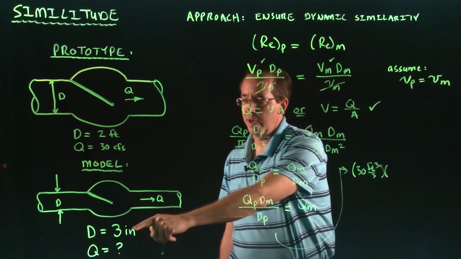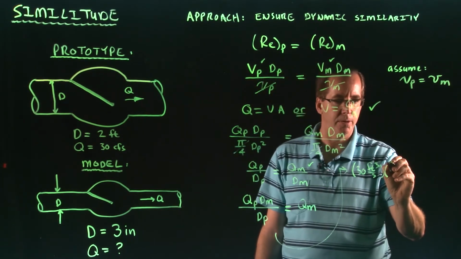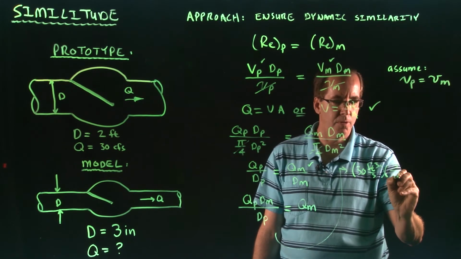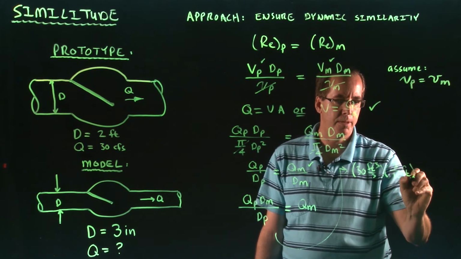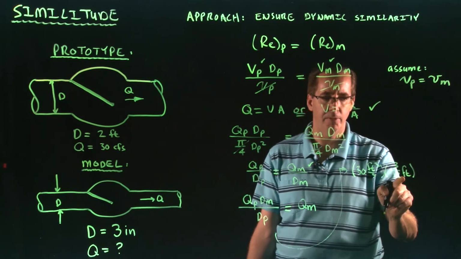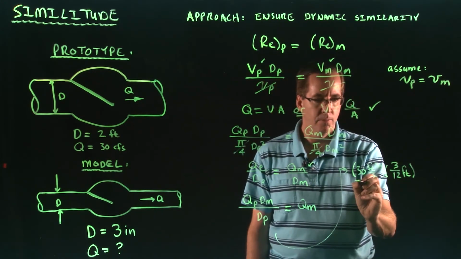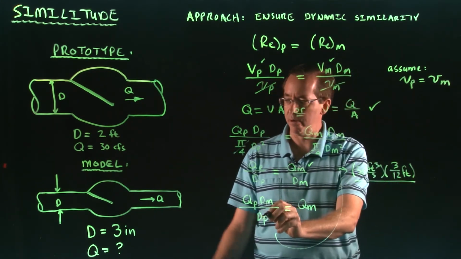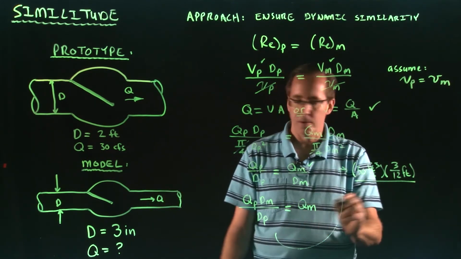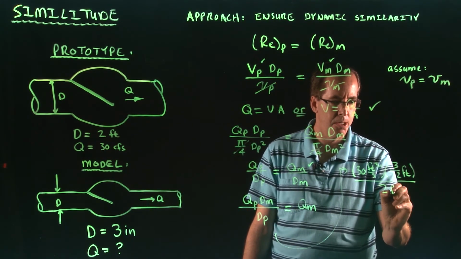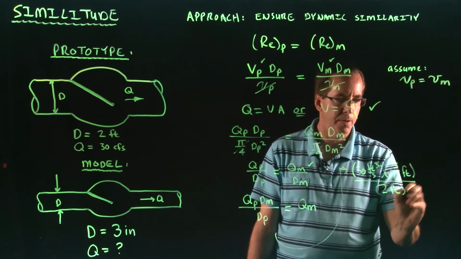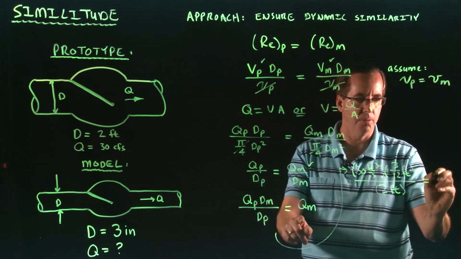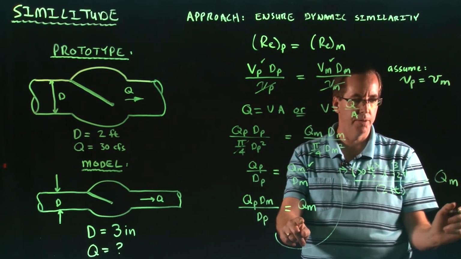Diameter of the model, we've got 3 inches. We have to just be careful with the units. 3 inches is 3/12 feet. Okay, because again, we have cubic feet here, so we have to make sure we have feet there. We'll divide all that by the diameter of the prototype, which is a 2-foot diameter. All right, and all that's equal to what we had on the right-hand term, the flow going through the model.